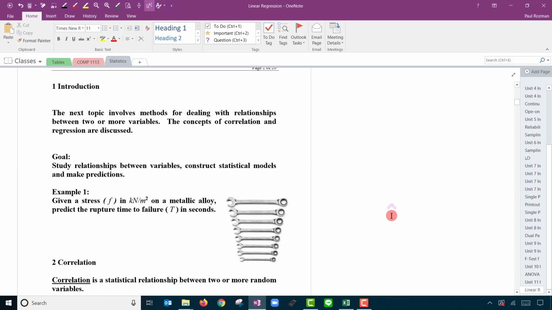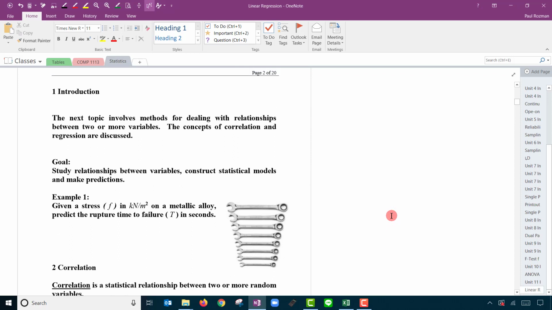Our goal for linear regression ultimately is we'll study the relationship between two or more variables and then build a model and ideally be able to make a prediction about one variable based on another. Quick example here, if I have the stress on an alloy, I'd like to predict the time to rupture.